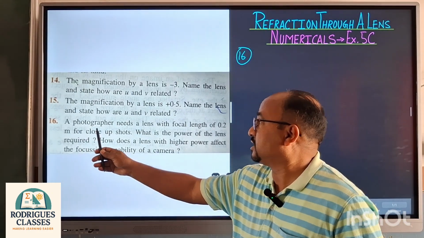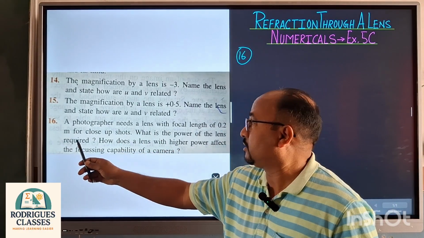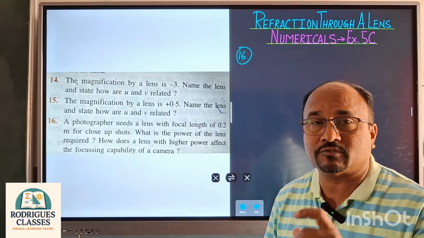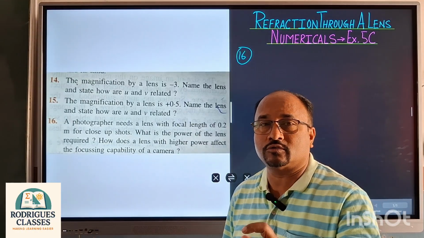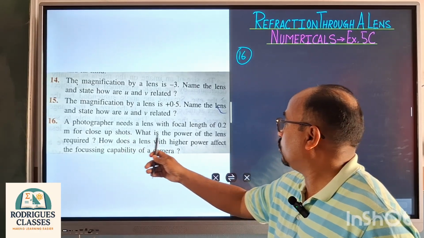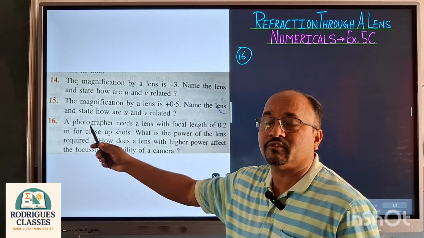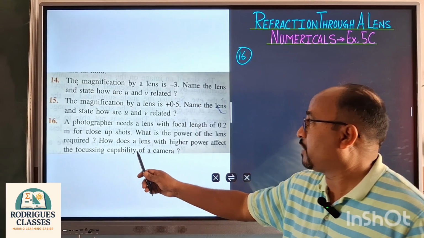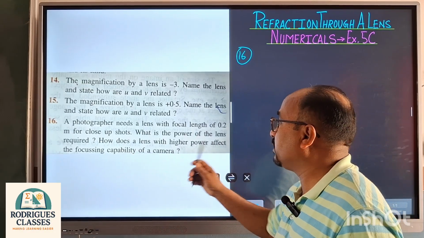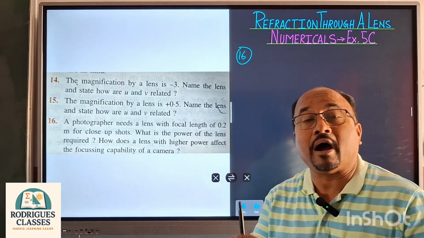Question number 16 says a photographer needs a lens with focal length 0.2 meter for close-up shots. Means wants to take a close shot close to the object. The focal length is 0.2 meter. What is the power of the lens required? So we can get the power by this formula which we have done earlier. It has a part here, how does a lens with higher power affect the focusing capability of a camera? Power is more.